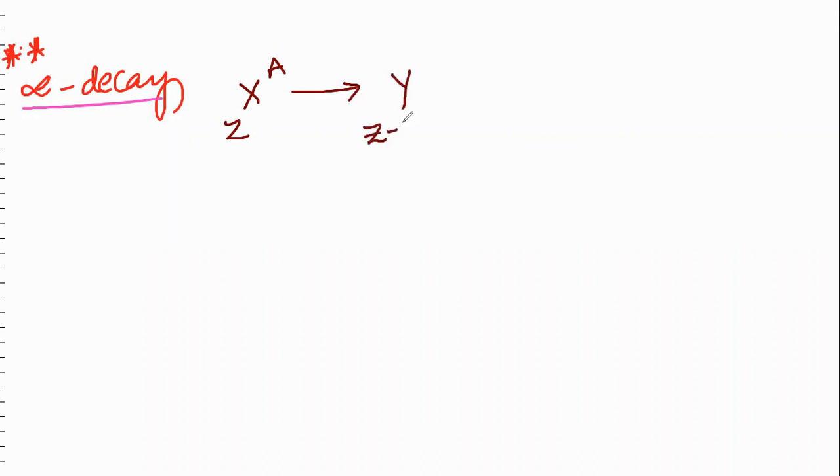Alpha decay is the most important. In the case of alpha decay, atomic number and mass number will change. So in alpha decay, X with atomic number Z and mass number A, the element, gives rise to Y with Z minus 2, A minus 4, plus helium-4 with atomic number 2. Energy Q is released.